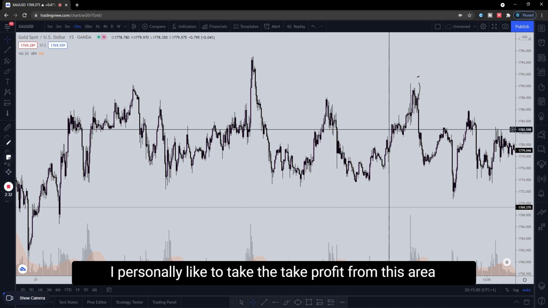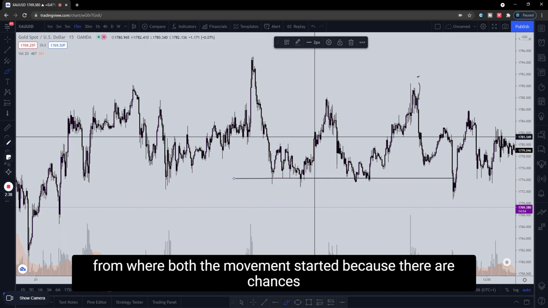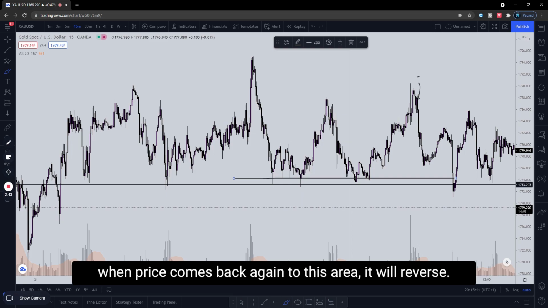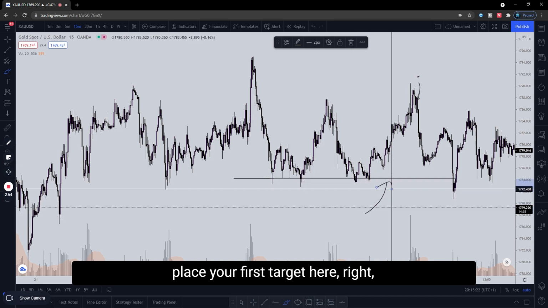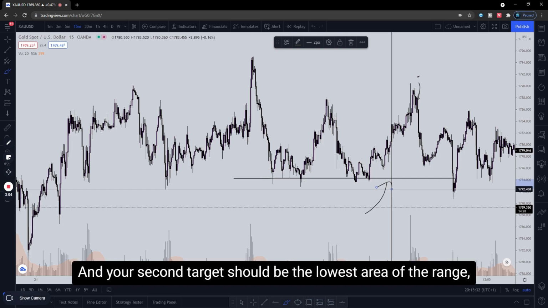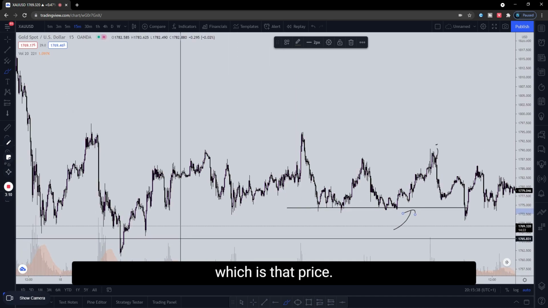I personally like to take the take profit from this area, from where both the movements started, because there are chances when price comes back again to this area, it will reverse. I have seen the market doing this so many times. But you can place your first target here. Once the market reaches this area, you can close 80-90% of your positions, and your second target should be the lowest area of the range, which is that price.